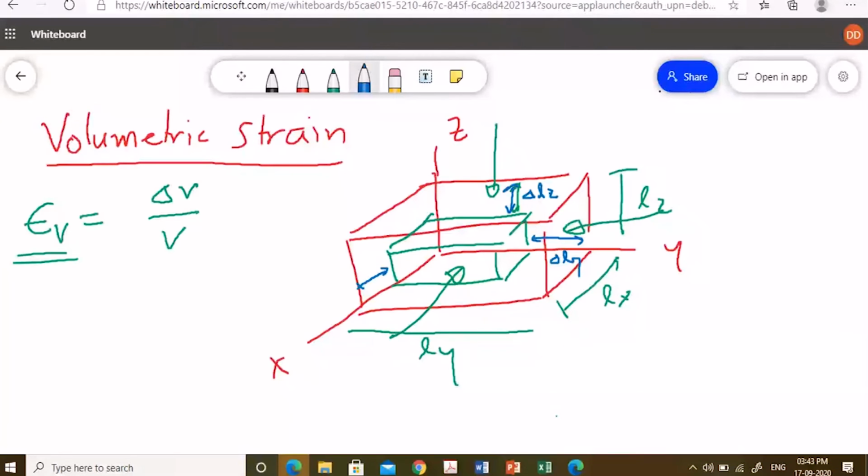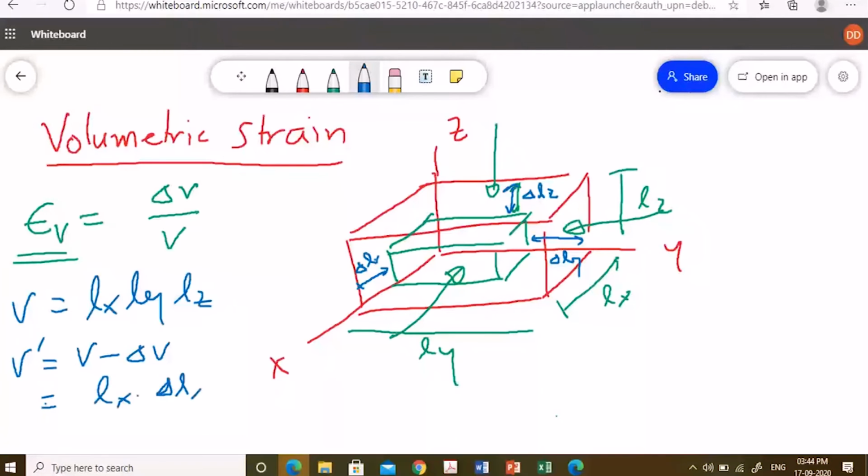So I can write V as Lx, Ly, and Lz. The changed volume V dash will be Lx minus delta Lx, Ly minus delta Ly, and Lz minus delta Lz, right? So this is the change of volume.